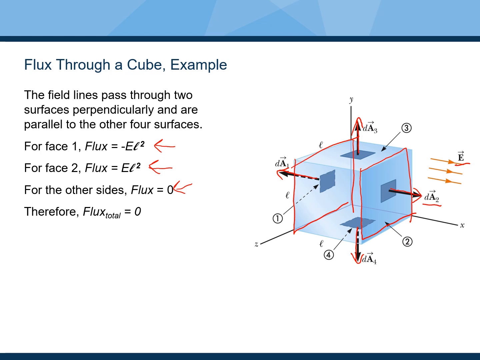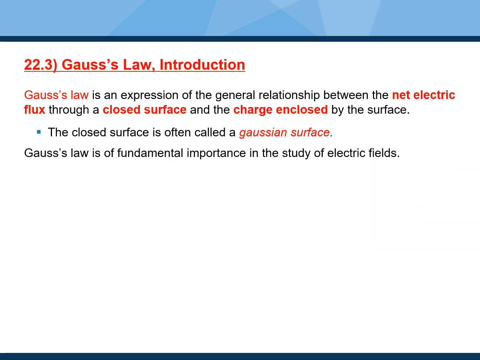Now let's move on and seriously define Gauss's law. Just to recap, Gauss's law at a qualitative level is an expression about the general relationship between the net electric flux through a closed surface and the charge enclosed within that closed surface.